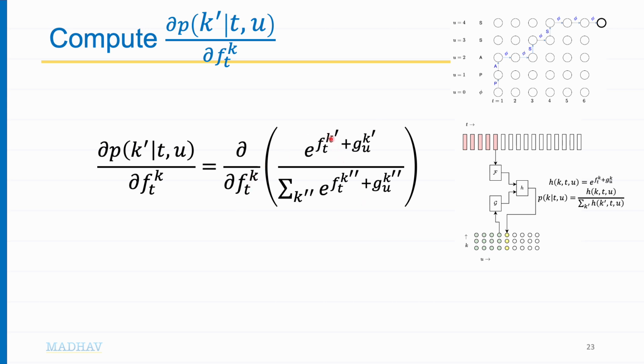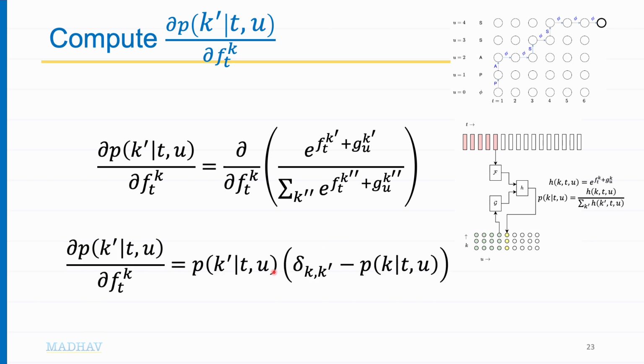It's possible that k dash is equal to k, and it is possible that k dash is not equal to k. Both these cases have to be considered. When you do that, you get this form. It's simply an exponential. You apply the division rule: divide by denominator square, multiply the denominator with the derivative of the numerator, minus the derivative of the denominator times the numerator.